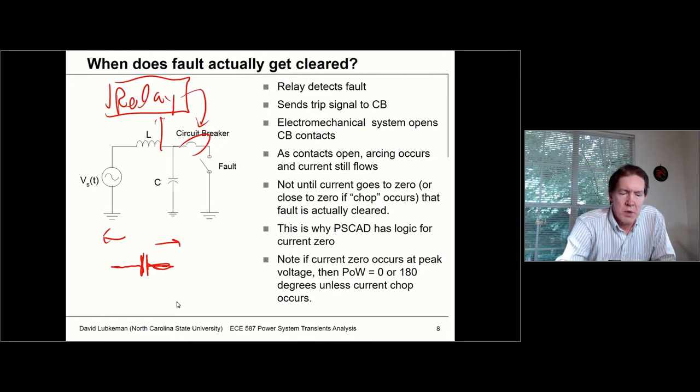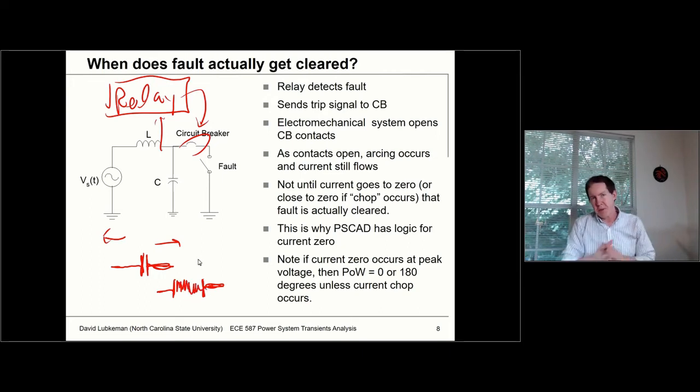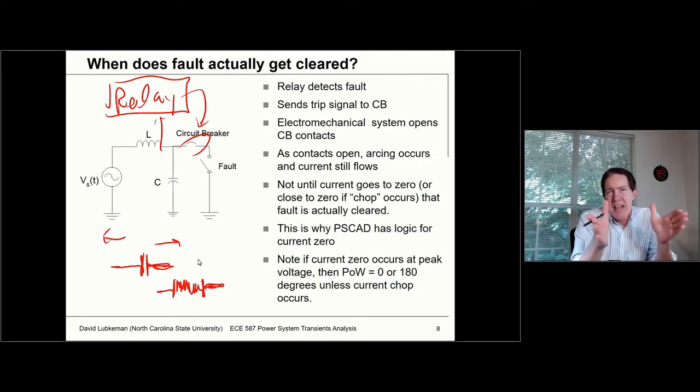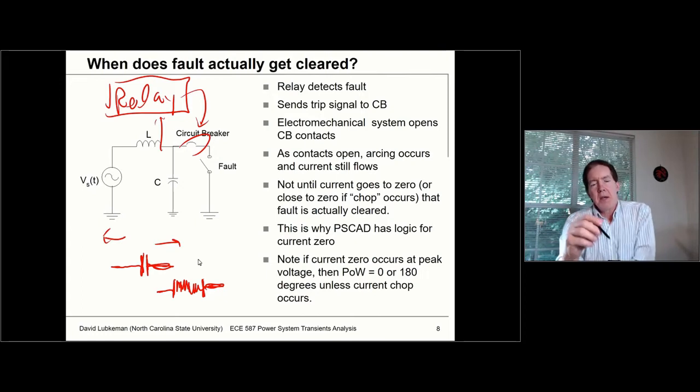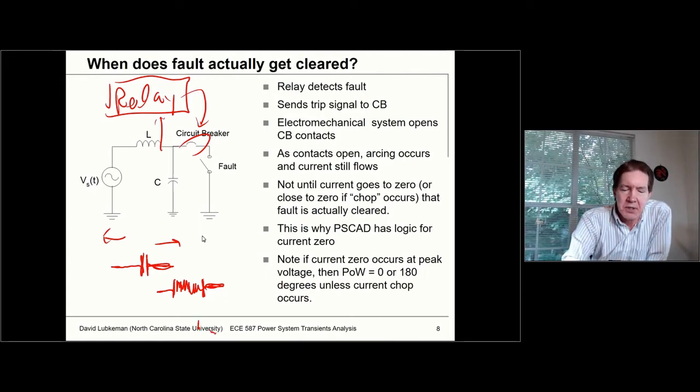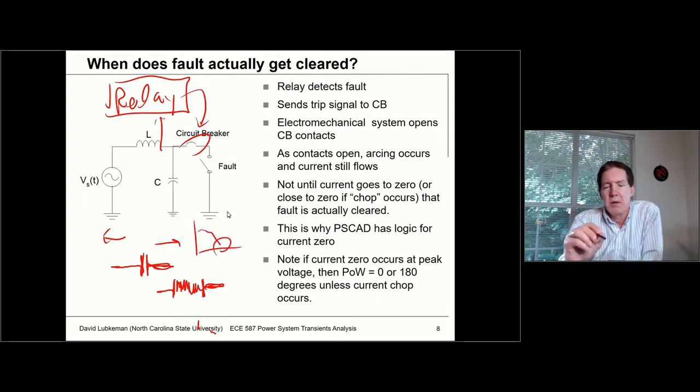When I try to pull these contacts apart, I'm going to get some arcing. This means that when I start to pull the contacts apart, even though I don't have the mechanical connection anymore, I still have enough of an arc that current can still flow. So it's not actually until the fault current goes to 0 or close to 0 that the circuit breaker effectively isolates us from that fault.